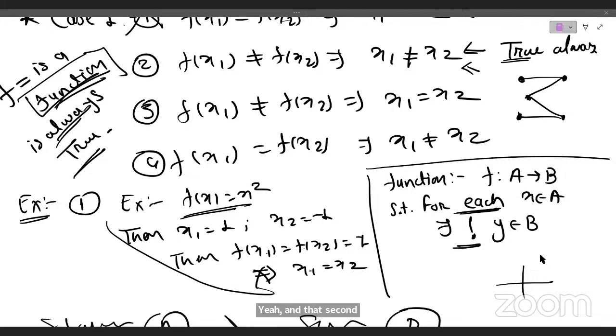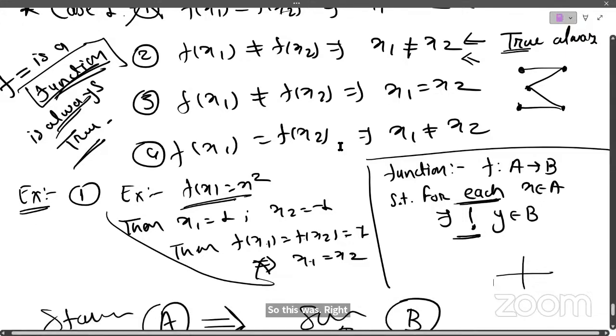Which question? Question 4, the last one. A function is called one to one if, which of the following is false. It is asking which is false. So it is false. Right.